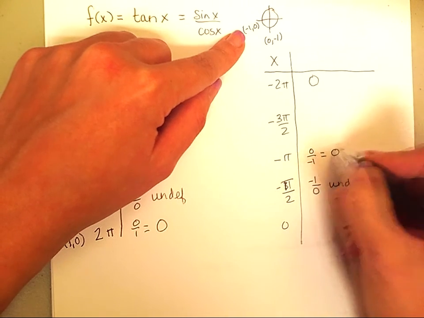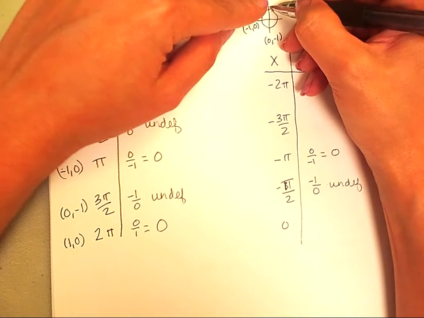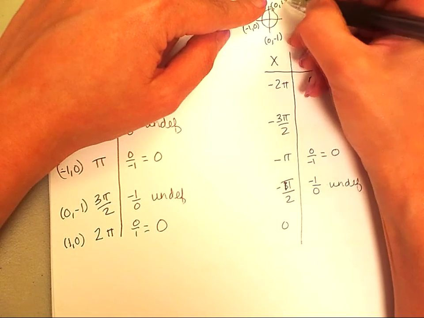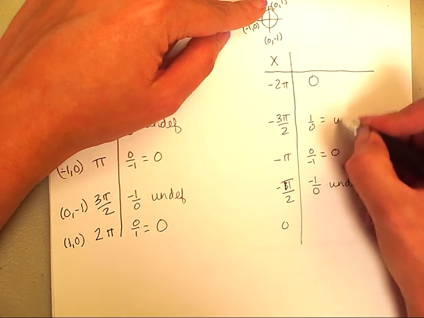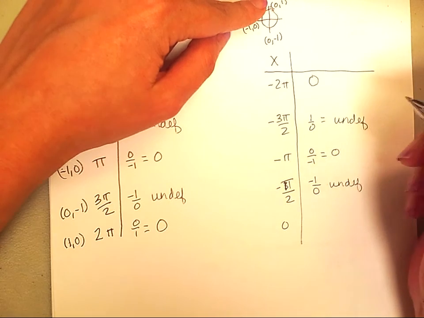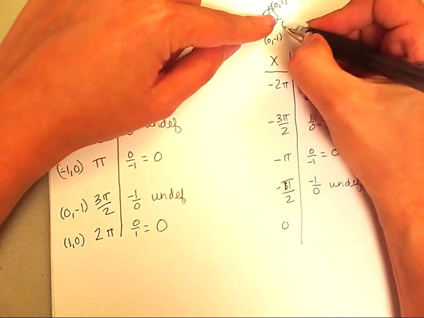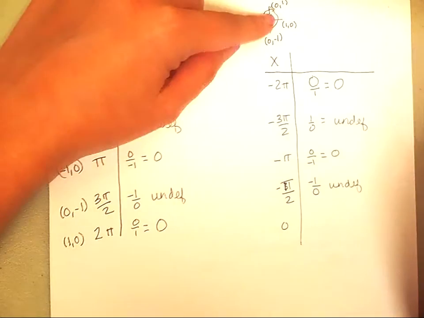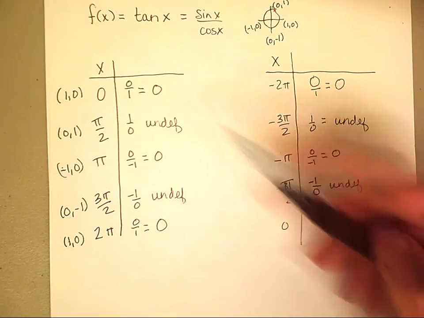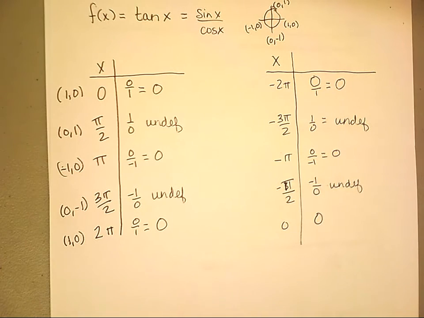So we get 0 over negative 1, which is 0. This is negative 3 pi over 2, so this is 0 comma 1, which we get 1 over 0, which is undefined. And at negative 2 pi, we're at 1 comma 0, so that's 0 over 1, which is 0. And from 0 we get 0.